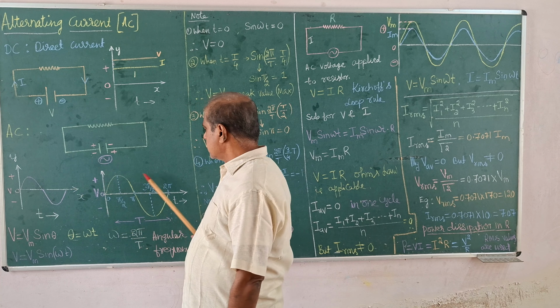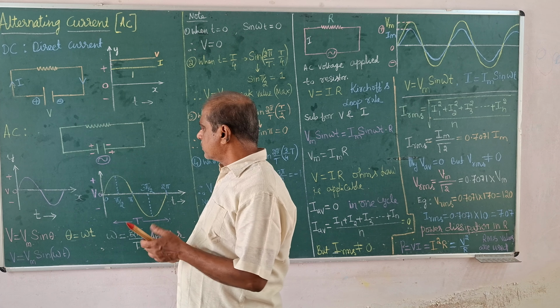The same wave of the same symmetry, the same size, same length, repeating with time between these two terminals. That is the kind of current in the AC circuit.